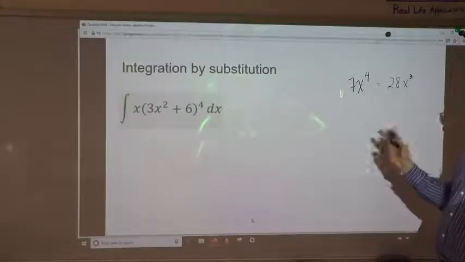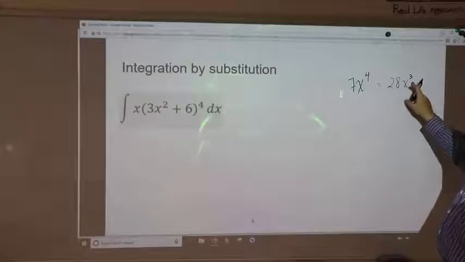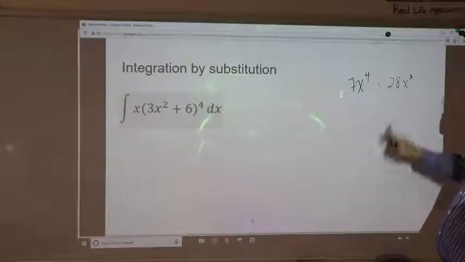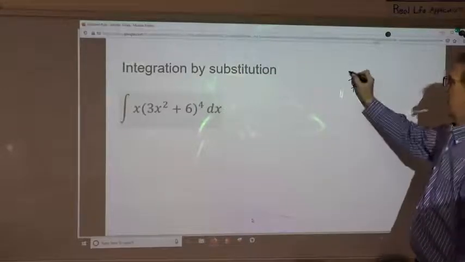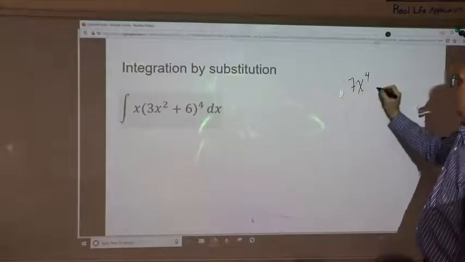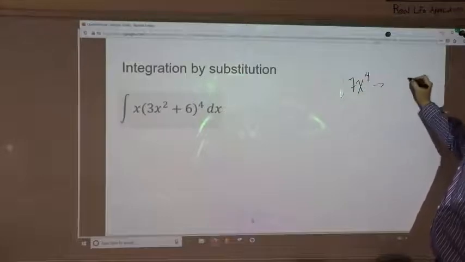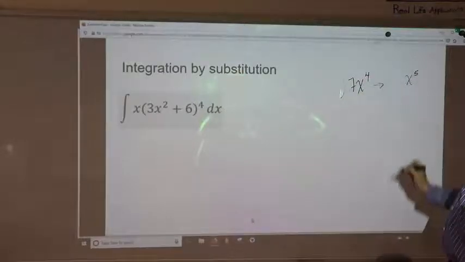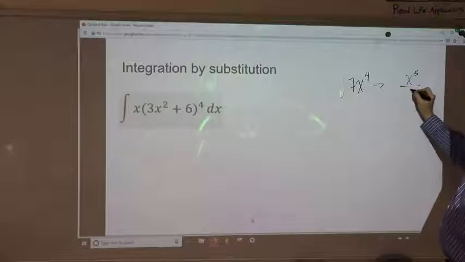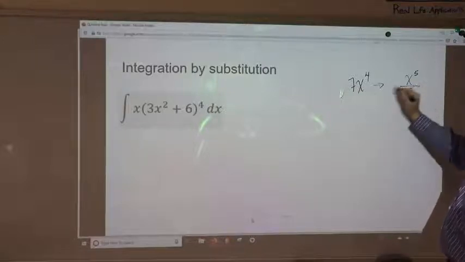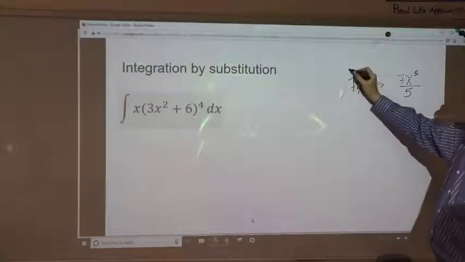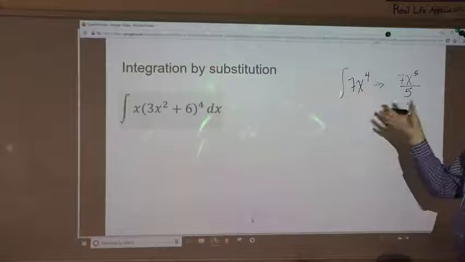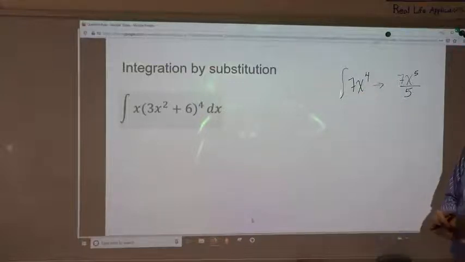Well, we're going backwards. We're adding 1 and dividing. So I'm adding 1 to my exponent, and now I'm dividing by it. And the 7 just remains. So there's the basic idea of integration.